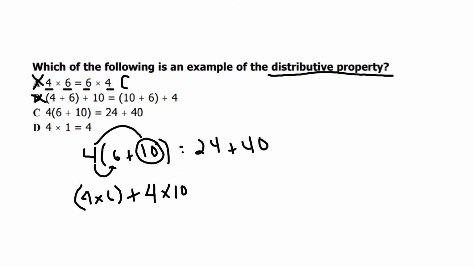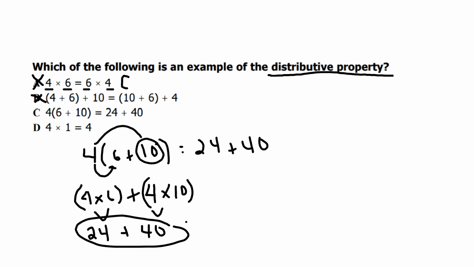So 4 times 6 is 24 and 4 times 10 is 40. Oh, look. That is true. That is an example of the distributive property because this is equal to this. And we distributed our 4, so this is the answer.